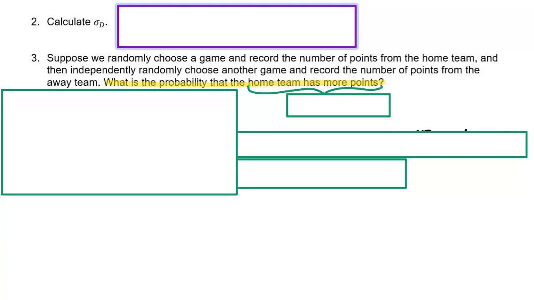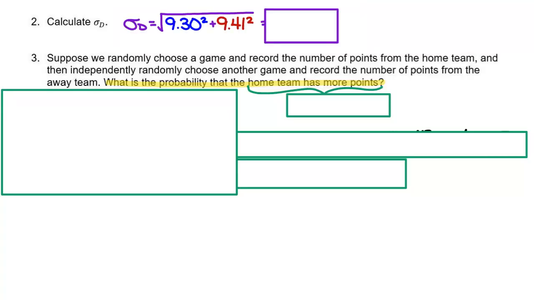That 9.30 points and 9.41 points. Square them, then add them, and then square root them. So we have the square root of 9.30 squared plus 9.41 squared, and you end up getting what? 13.23.